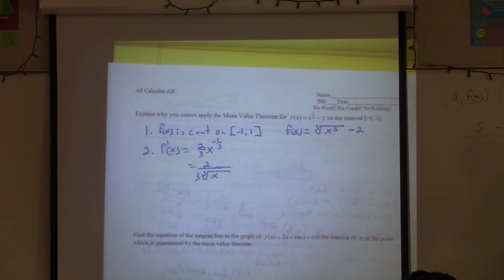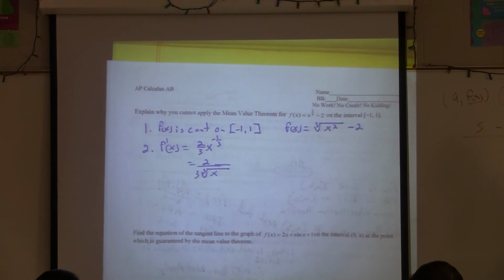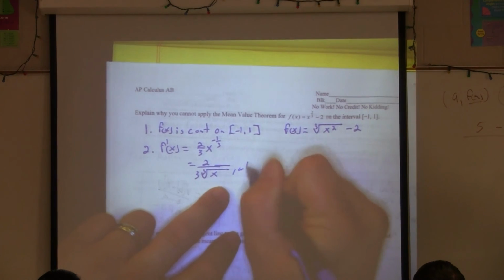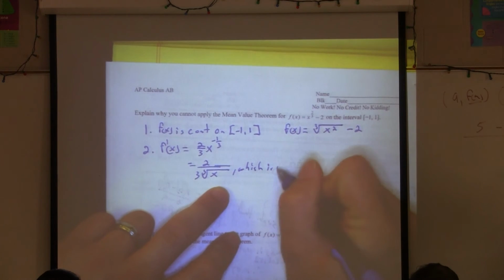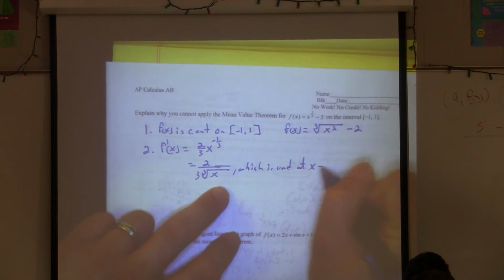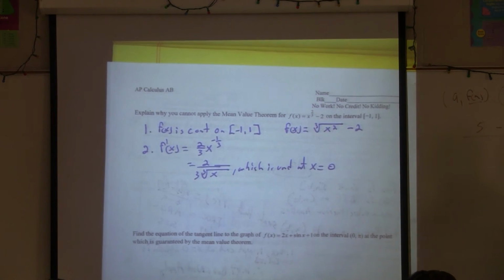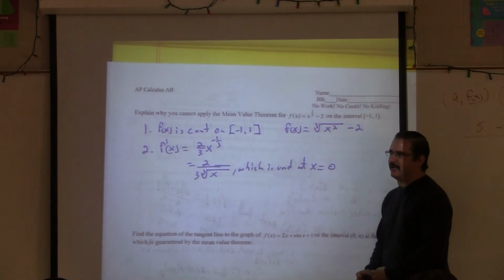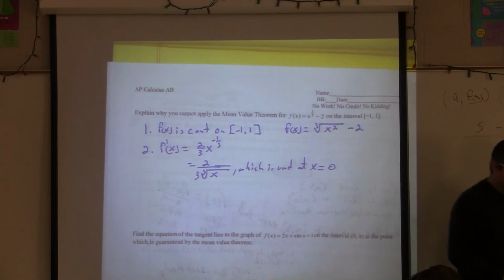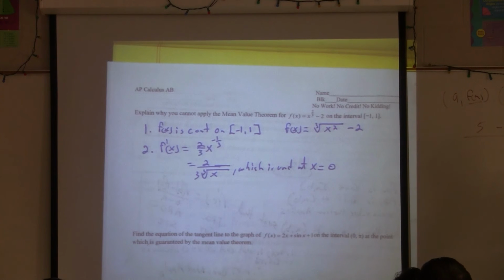And we know that that is what? Very good, which is undefined at x equals 0, so that means that f of x is not differentiable at what? x equals 0, which is in the interval. Therefore, mean value theorem does not apply.